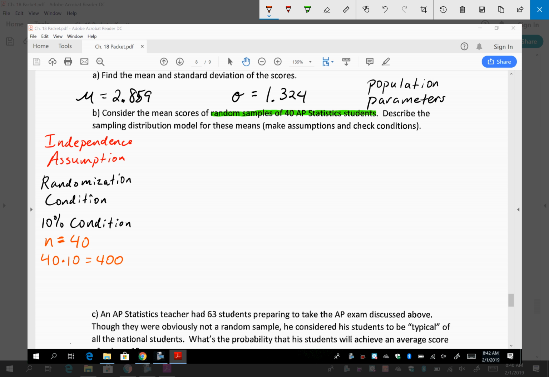So ask yourself this question: do you think there are more than 400 students who took the 2006 AP Stats test? Absolutely, there's more than 400 that took it in the city of Houston. So we're talking about the world? Yes, way more. So the statement I would write is, my sample size is not too large.